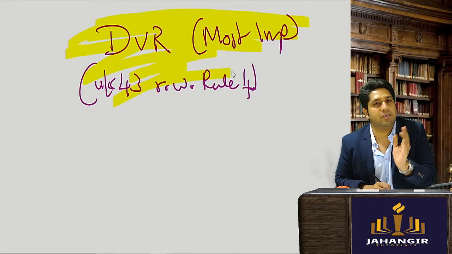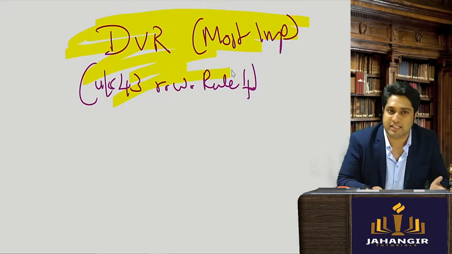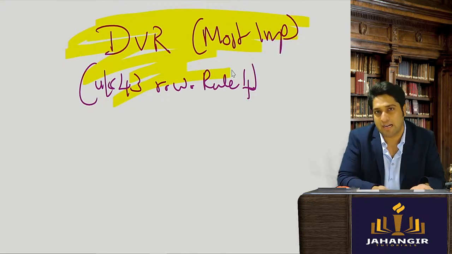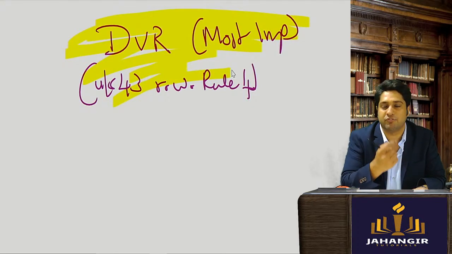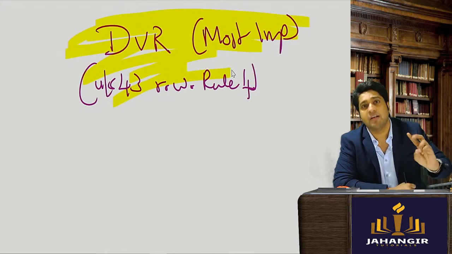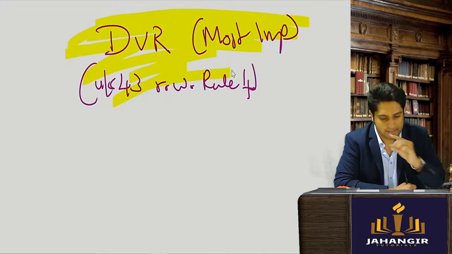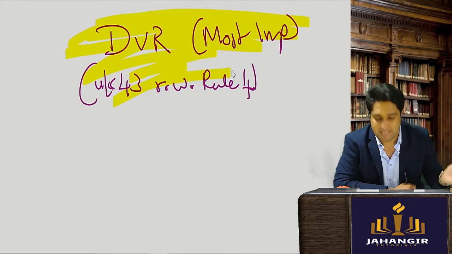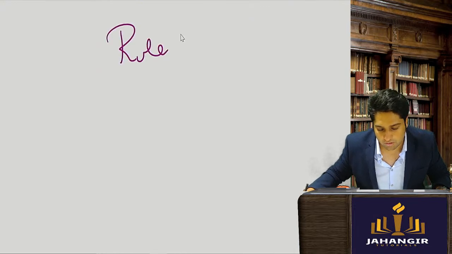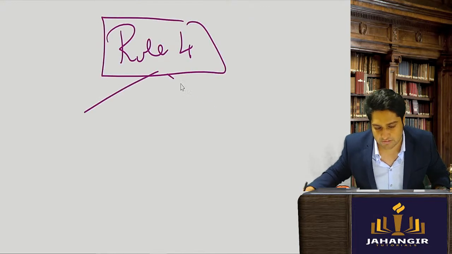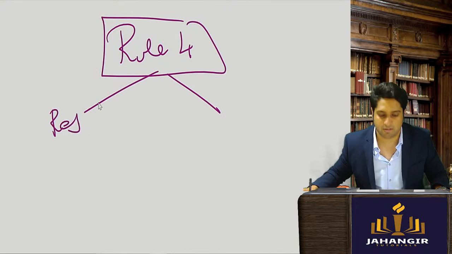Now, if a company wants, it can issue shares with differential rights, with respect to voting, with respect to payment of dividend, etc. So DVRs can be issued subject to certain conditions given under Rule 4. Rule 4 talks first about which type of resolution is required.